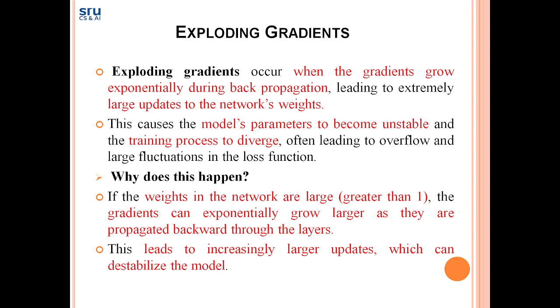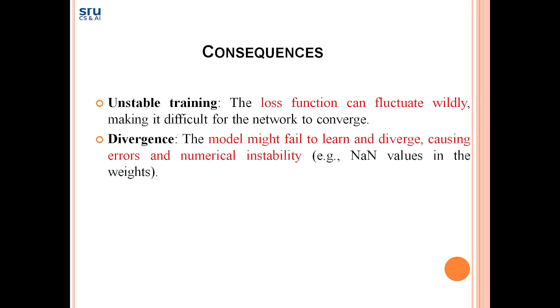If the weights in the network are large, greater than 1, gradients can grow exponentially larger as they are propagated back through the layers. It leads to increasingly larger updates which can destabilize the model. What is the consequence? The loss function can fluctuate widely. Divergence: the model might fail to learn and diverge, causing errors and numerical instability.